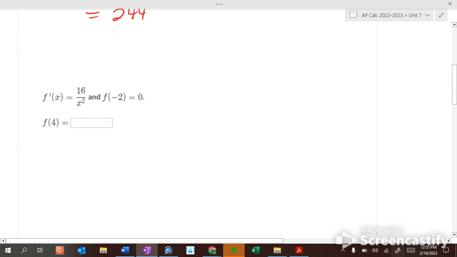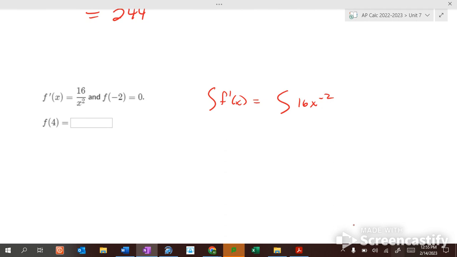Let's do this one then. Integrate that one. Integral of the first derivative of x equals the integral of 16x to the negative 2nd. Well, this is f of x equals negative 16x to the negative 1. Okay. Now, f of negative 2 equals 0.